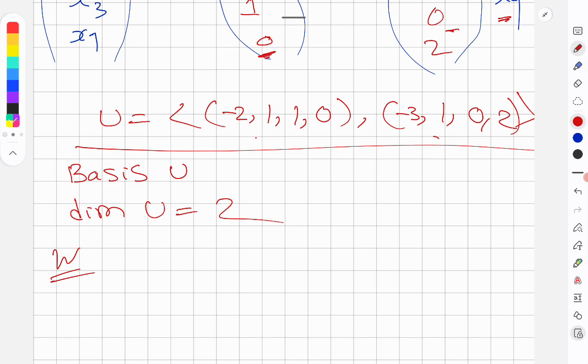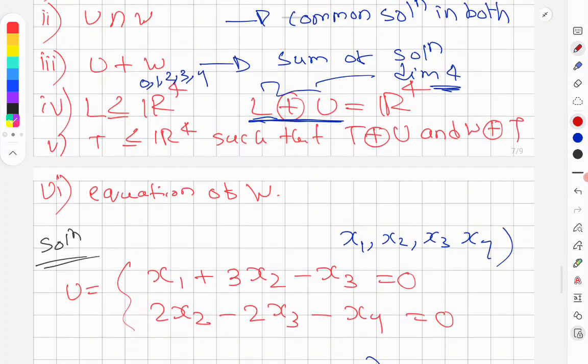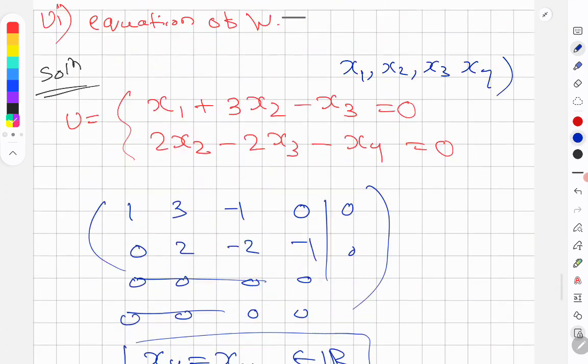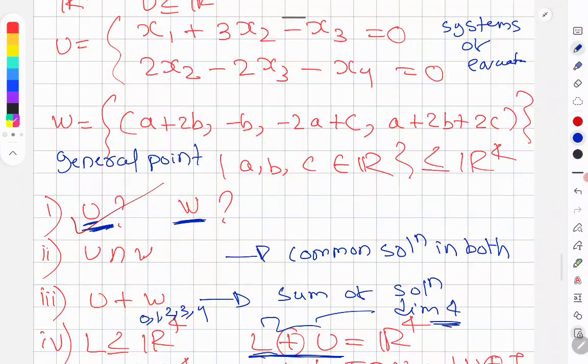Let's do W. We just solved this one, and now let's do this one. For W, we don't have the equation, we have a general point. So let me show you how to do it with a general point.